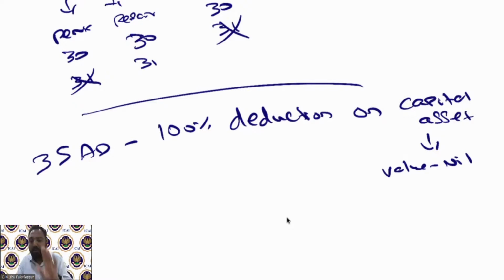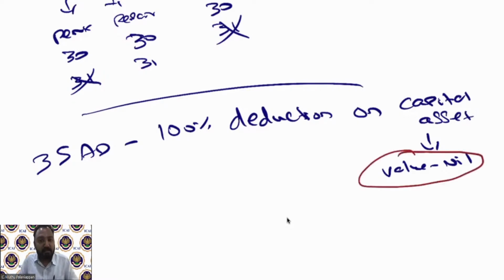So that is what we are calling taxable under section 28 and not under section 30, your capital gain chapter. The reason is, the moment you claim 100% deduction, the value of the asset becomes nil, which means the value of the capital asset is zero, which means it is not a capital asset.